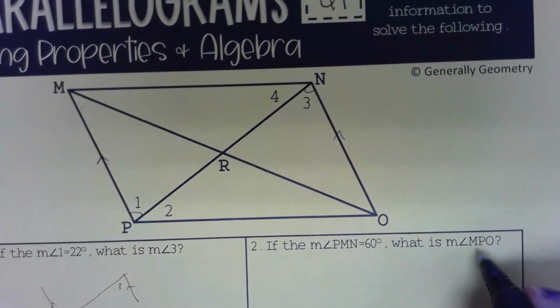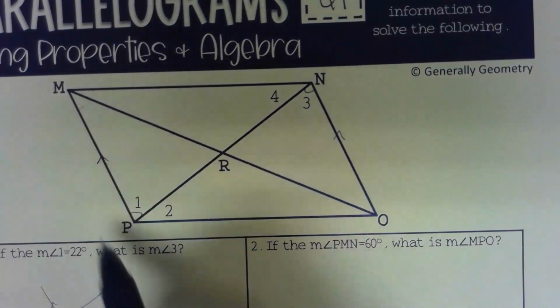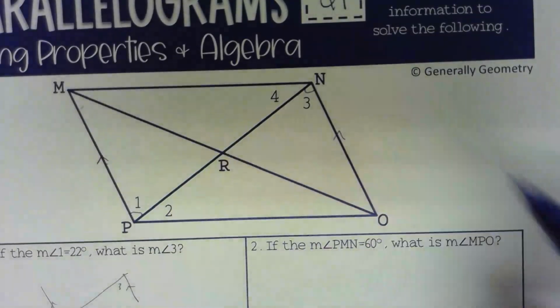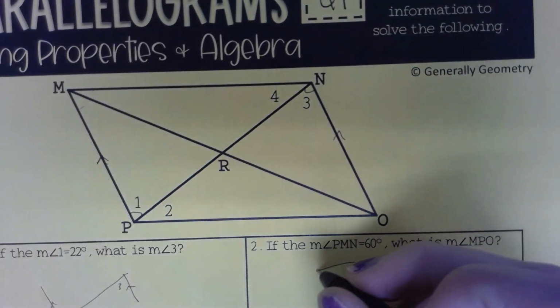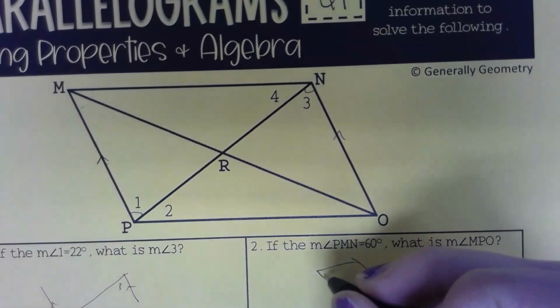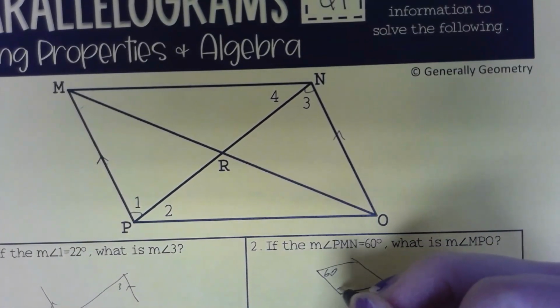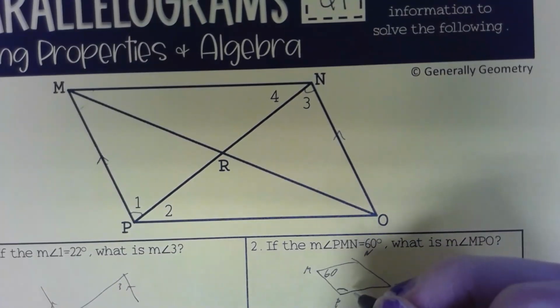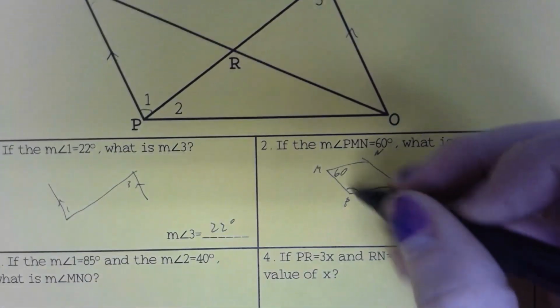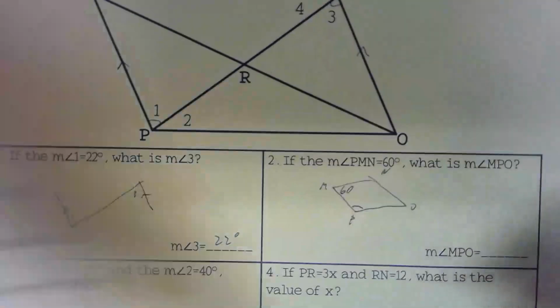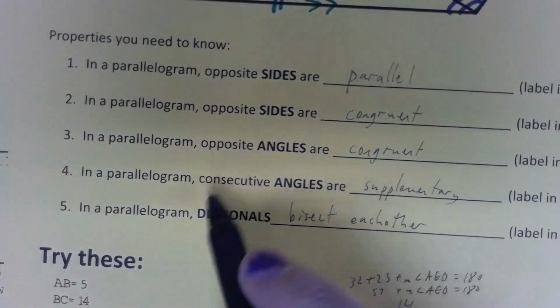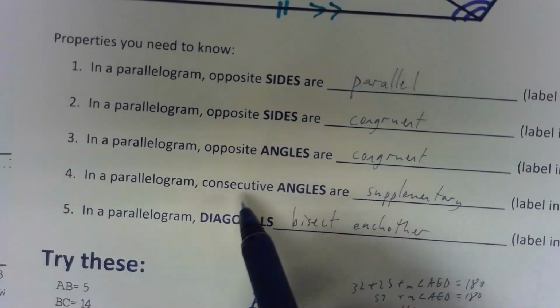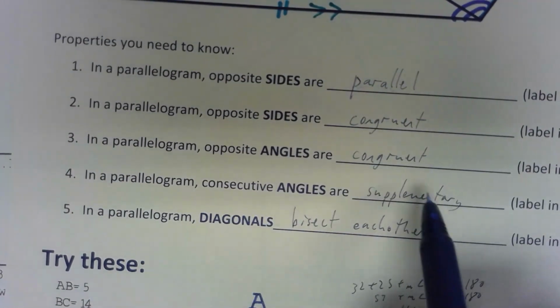What is the angle MPO? So this angle here is 60. This angle here is going to be the angle that is consecutive to it, and we just found out that the consecutive angles, the ones that are next to each other in the order going around the outside, are supplementary.